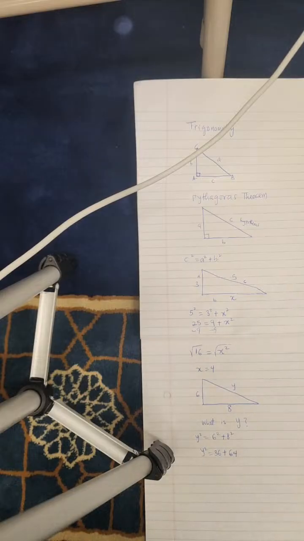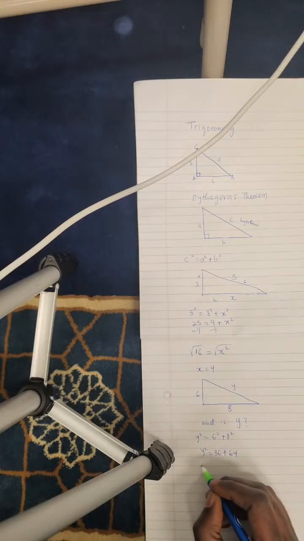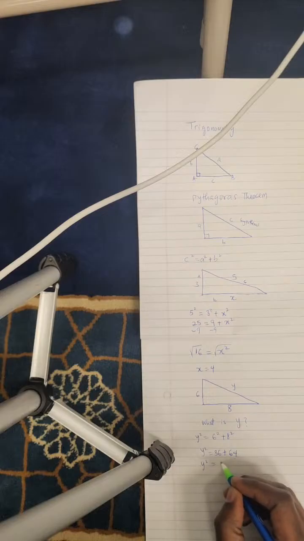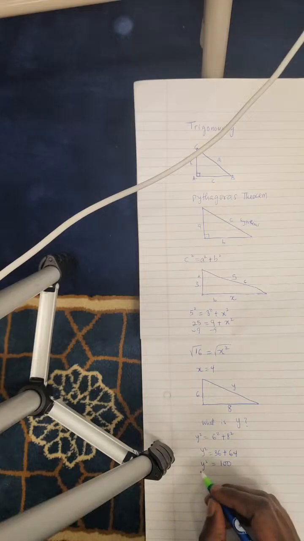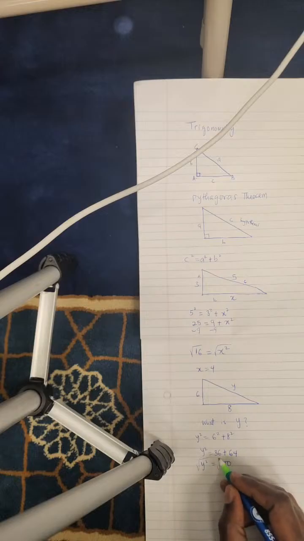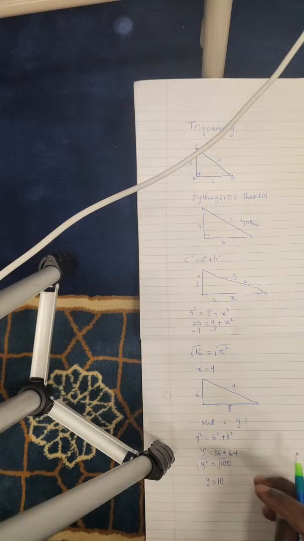So if you have a look at this, here we have 36 plus 64. And this gives y squared to be 100. And from here, the next thing to do is to square root both sides. If you square root both sides, here we have y equals 10.